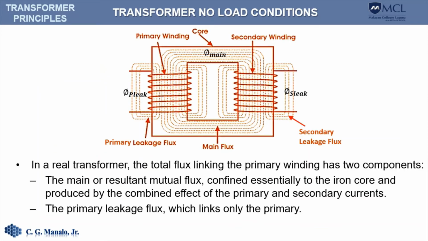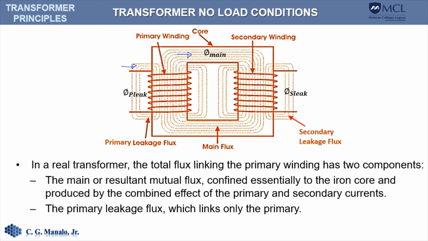Here we have an illustration of the nature of the leakage flux. When current enters the primary winding, a flux is produced, and most of that flux is formed inside the magnetic circuit, but a small amount also leaks out of the circuit.